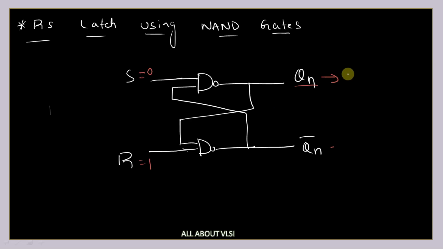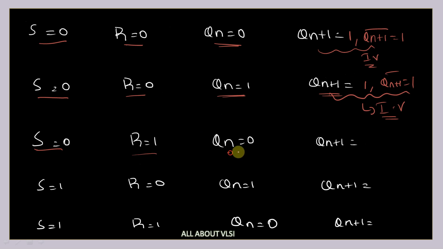Here you have 1 and we have 1 here. So 1 NAND 1 is nothing but 0. So initial value of Qn bar is 1 and it is becoming 0. So whenever your S is equal to 0 and R is equal to 1, Qn is equal to 1 and Qn bar is equal to 0. So Qn plus 1 is nothing but 1.